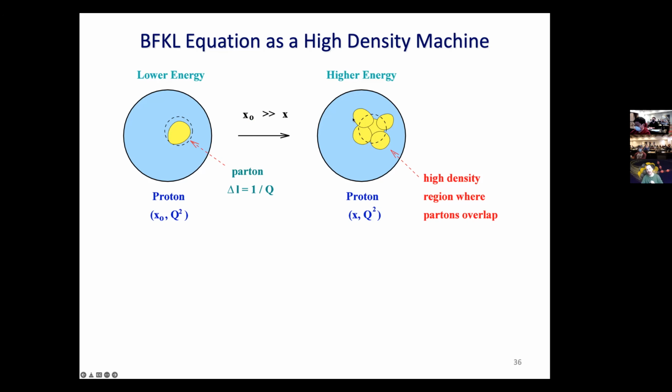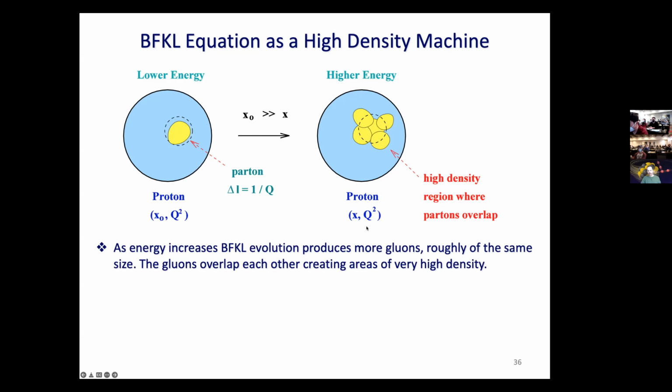They roughly all have the same transverse momentum, which means that if I want to draw the proton in a transverse plane, so the proton is coming out of the screen towards us, all those gluons roughly have the same transverse size. So if we produce a lot of them, all roughly the same transverse size, they just end up sitting on top of each other and overlapping, and they'll start producing high density regions inside the proton.